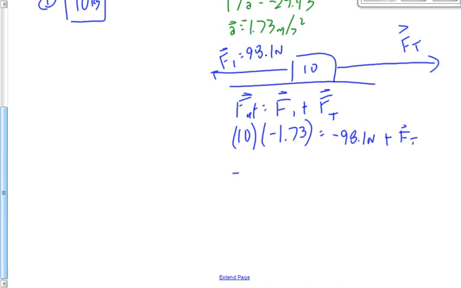So we get negative 17.3 equals negative 98.1 plus Ft. The 98.1 goes over by adding, and when we do that, we should get 80.8. Is that right? 80.8? And that's going to be a positive value, right?